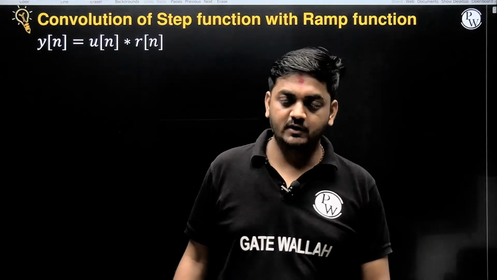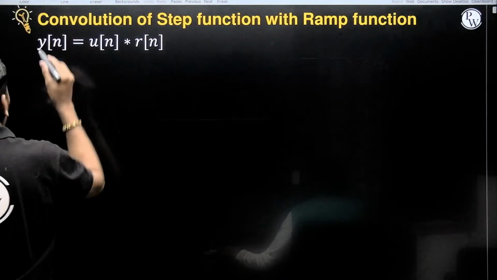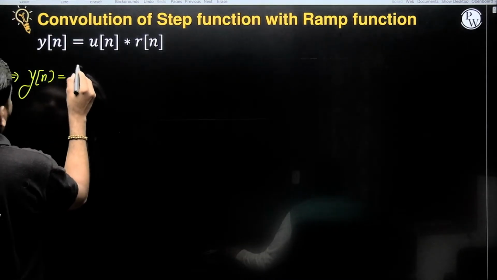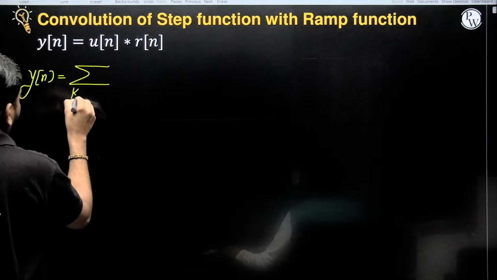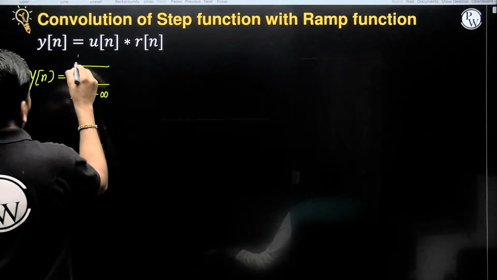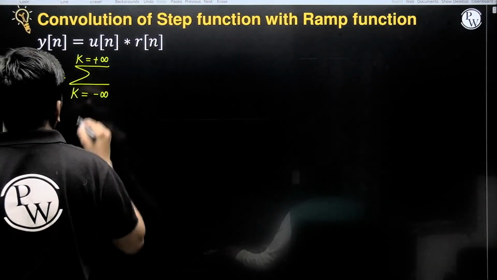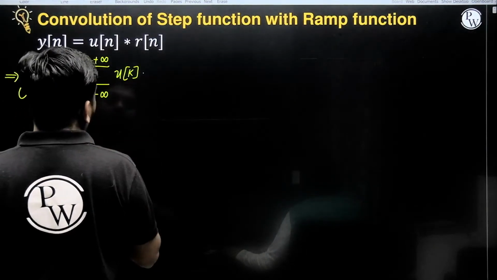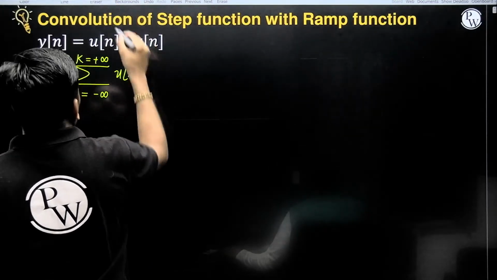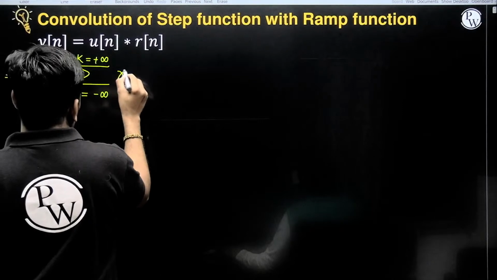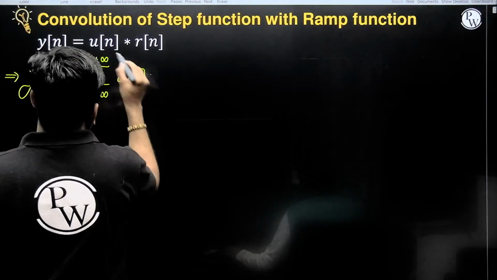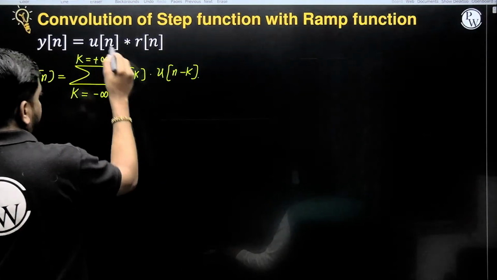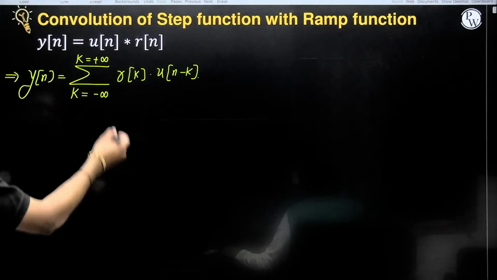Now here u of n with r of n. y of n is the summation over k from minus infinity to plus infinity of r of k times u of n minus k. Now r of k is nothing but k into u of k.